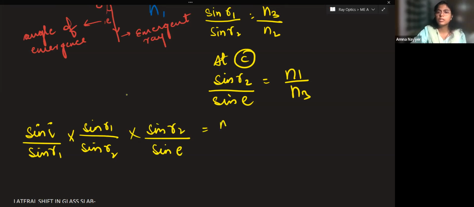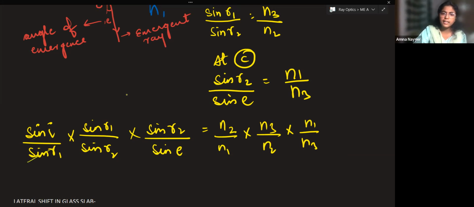First one was N2 by N1, second one is N3 by N2, last one is N1 by N3. I have just multiplied all these three equations. See, sine R1 gets cancelled.